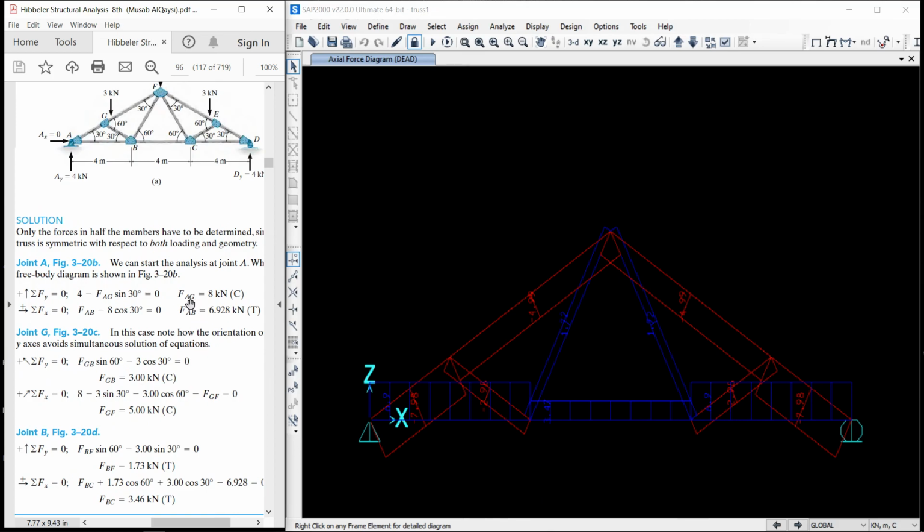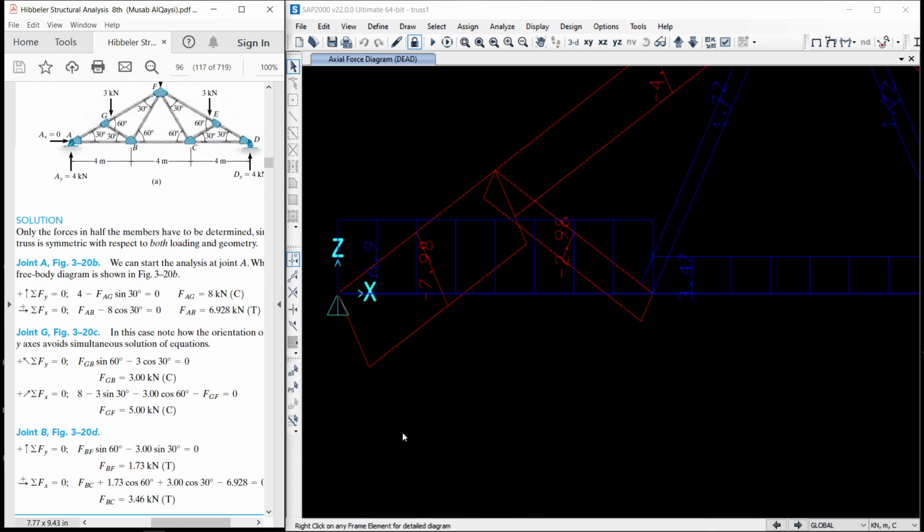So now we can see that force in AG is equal to 8 kilonewton. Here we got 7.98 kilonewton, fair enough. Force in AB is 6.928. Force in AB is 6.9, correct.